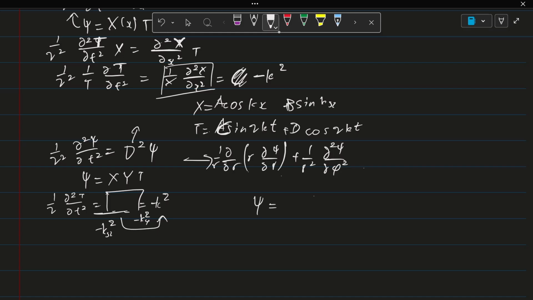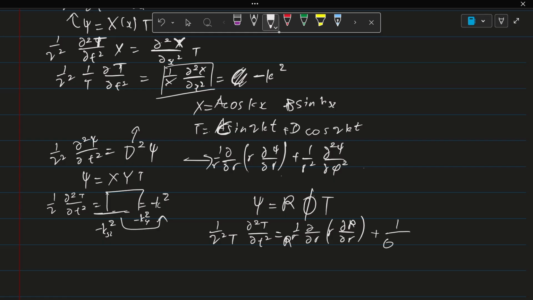If you do the separation of variables, R(r) Φ(φ) T(t), what you would get is (1/v²)(1/T) ∂²T/∂t² equaling the right-hand side, which is (1/r) ∂/∂r (r ∂R/∂r), with the Φ T going outside, and then dividing everything by ψ, the R becomes at the bottom, and the same thing here, (1/Φ r²) ∂²Φ/∂φ².